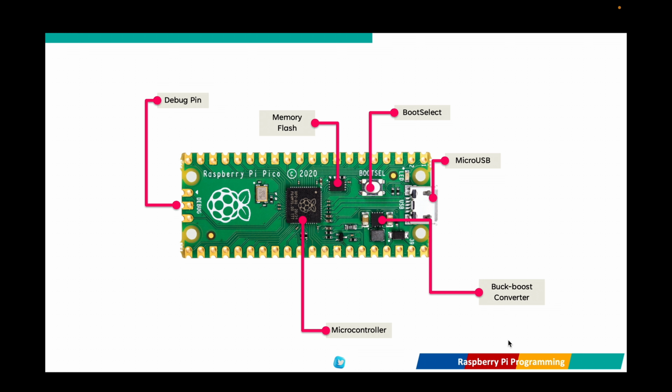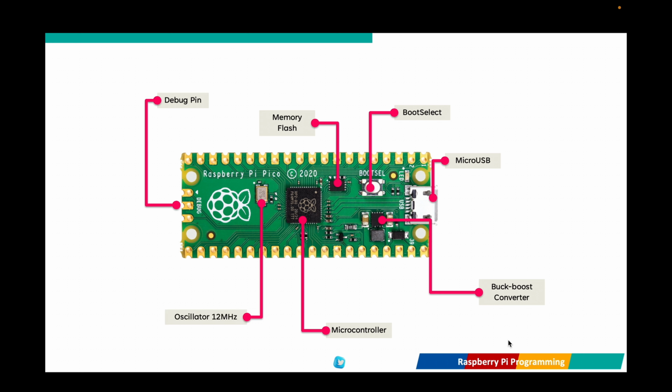So this boot select button becomes very important when you want to flash MicroPython or CircuitPython or a custom UF2 file onto the Pico. Sometimes you would like to recover from a firmware error or reset the Pico to load a new program and switch between different firmware, for example from MicroPython to C or C++ or CircuitPython.